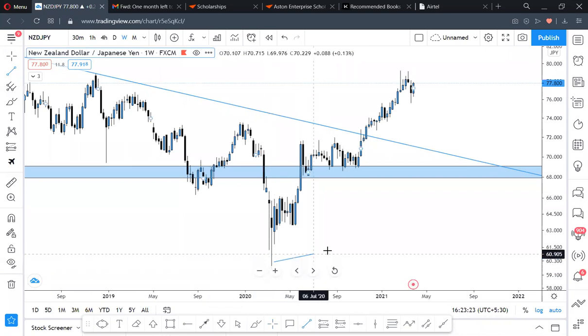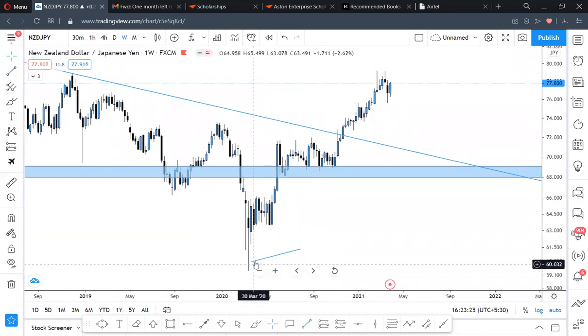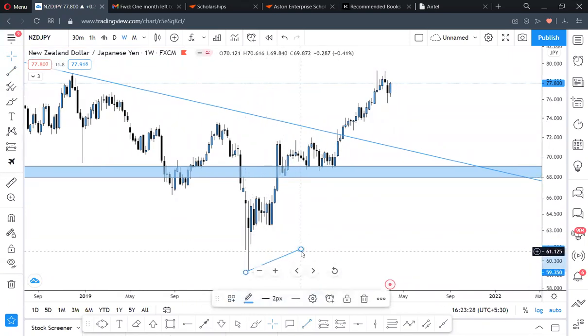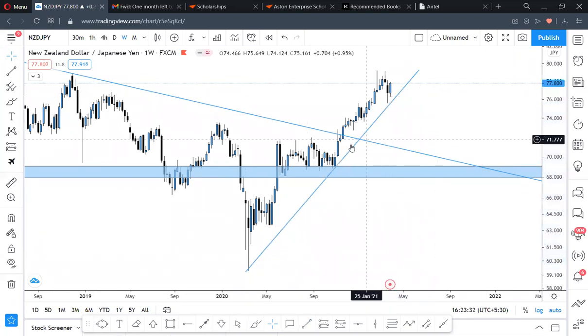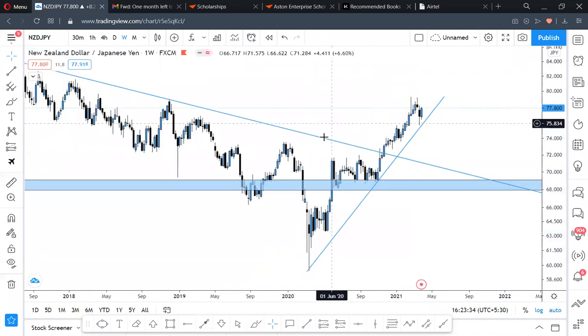So we could see that strong impulsive move and a corrective move and another impulsive move.